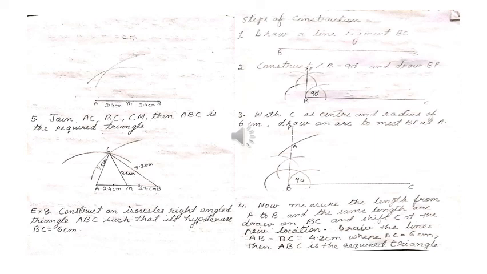From there, make an arc on BC, the line which you are seeing over there. Now shift that C part over there, because now AB and BC will have equal length, AC will be 6 centimeter and angle B is 90 degrees. So your triangle has been formed, as you can see on the next page.